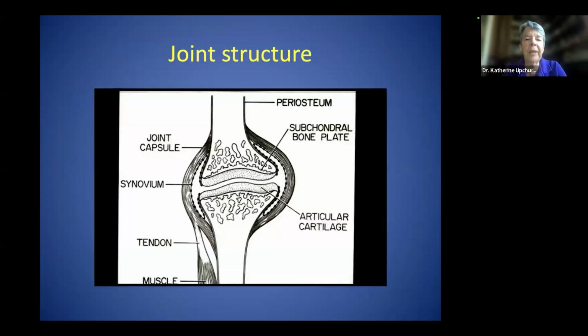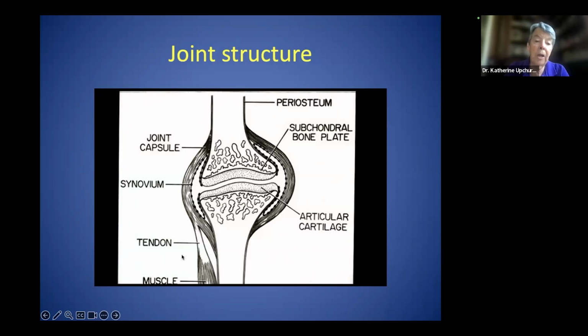First of all, it's important to recognize that the joint is a complex structure, including the covering of bone known as the periosteum, a capsule, which is a fibrocartilaginous capsule, as indicated here. Synovium, which is a very fine one-cell layer of tissue that basically surrounds the joint. And then a very important structure known as articular cartilage, which is depicted here.